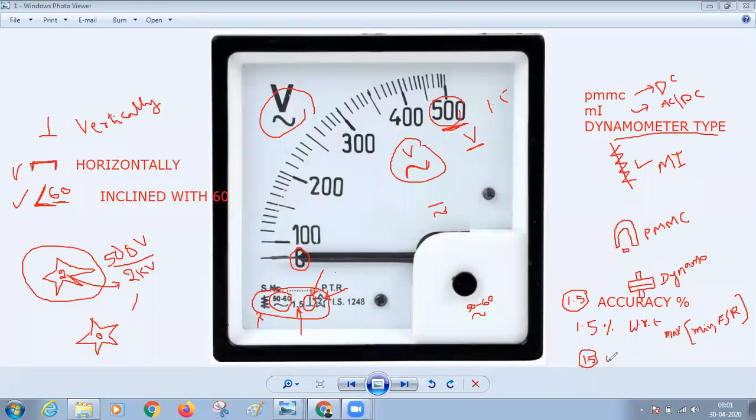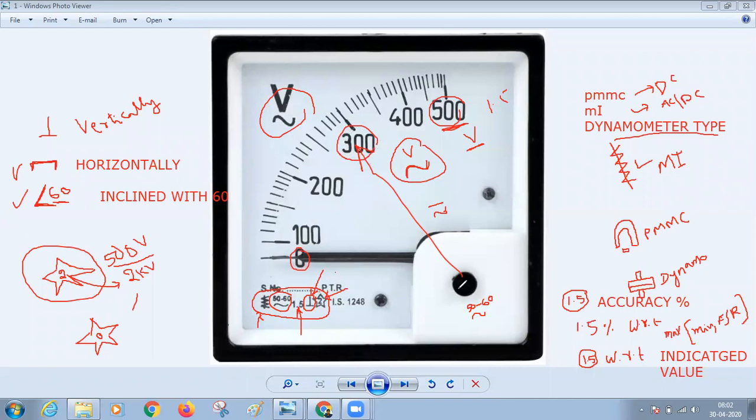Suppose this meter is indicating a voltage up to 300, then you have to say that this meter has an error of 1.5% of that indicated value 300.